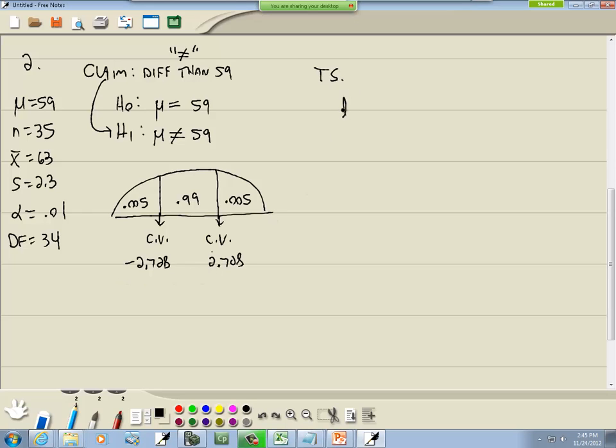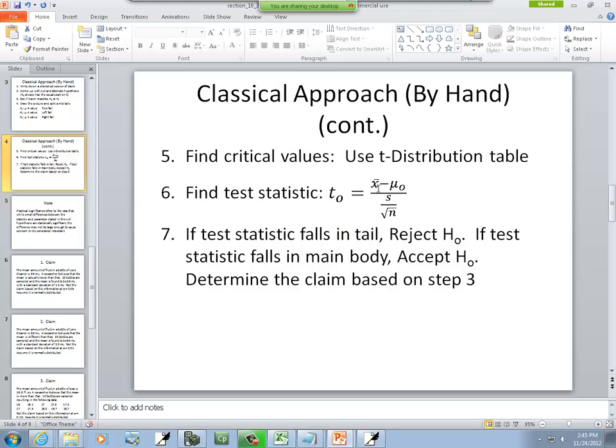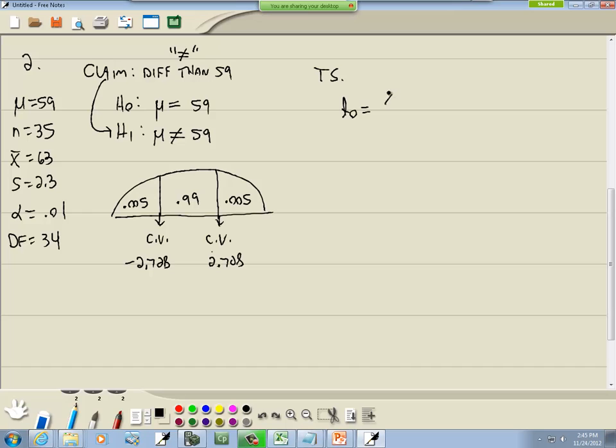Our test statistic. We got T naught. This formula here is equal to X bar minus mu naught over S divided by square root of n. X bar was 63 minus mu naught, that's the number off of our claim, which is 59, over S, which is 2.3, divided by square root of n, which is square root of 35.